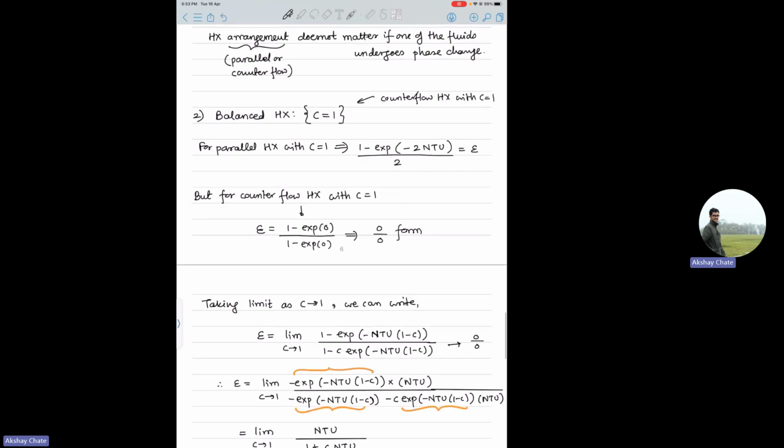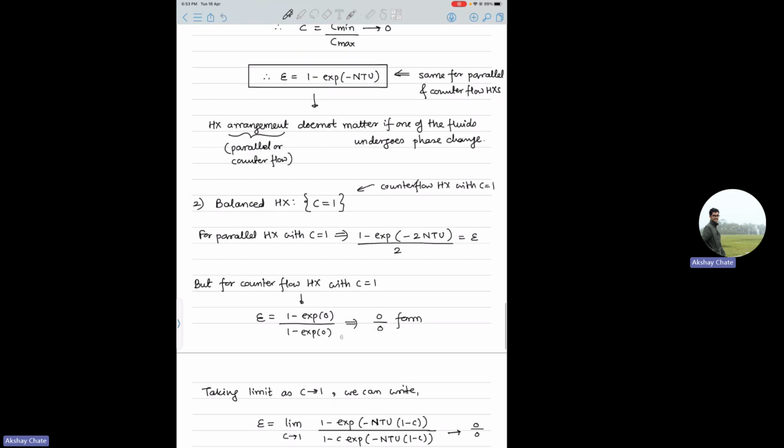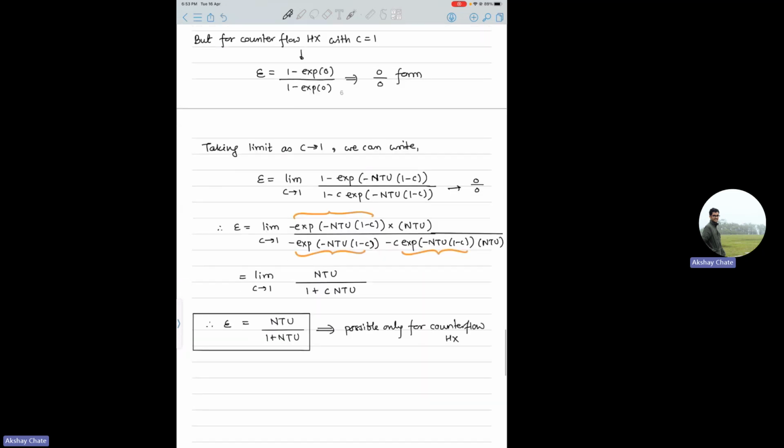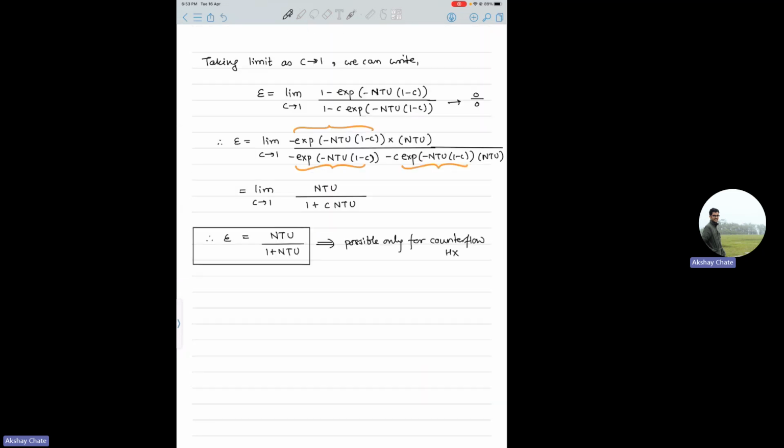Therefore, when they call it a balanced heat exchanger, it also sometimes means they are talking about a counterflow heat exchanger with C equal to 1. In some problems, they do not mention whether it's counterflow or parallel flow. They'll just say that it is a balanced heat exchanger, and then you have to solve those problems. So there you should know that if nothing is mentioned, a balanced heat exchanger is nothing but a counterflow heat exchanger with C equal to 1, a capacity ratio of 1.